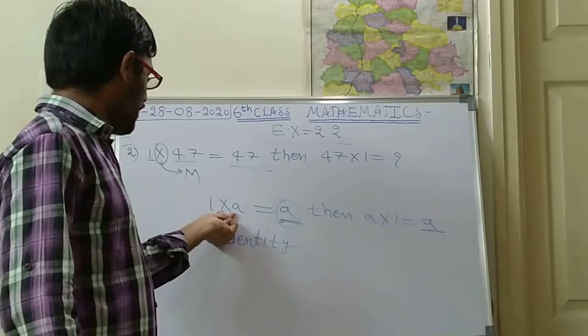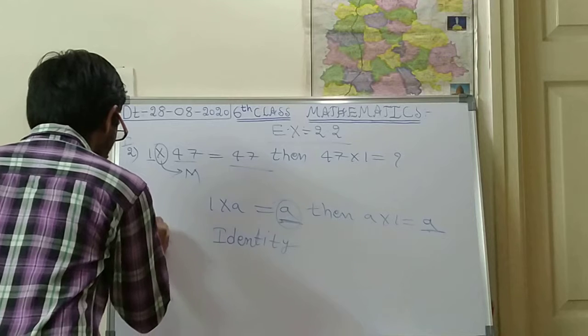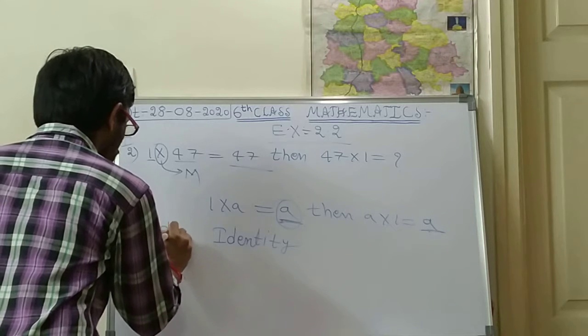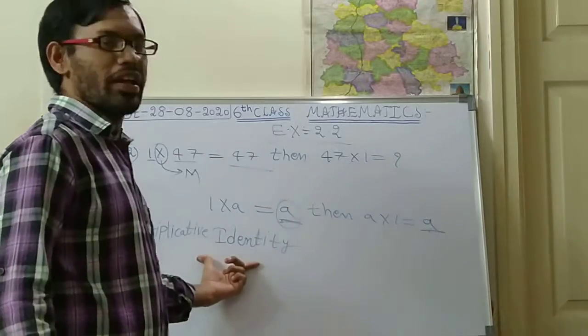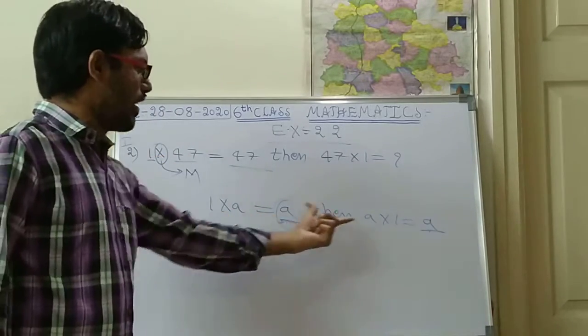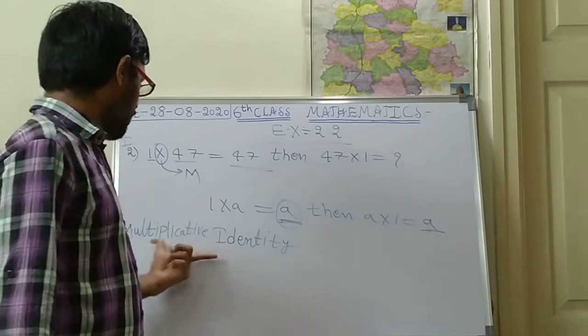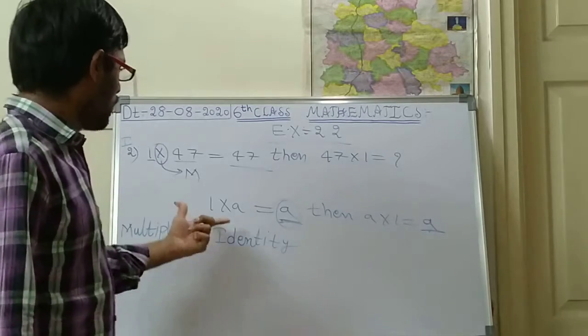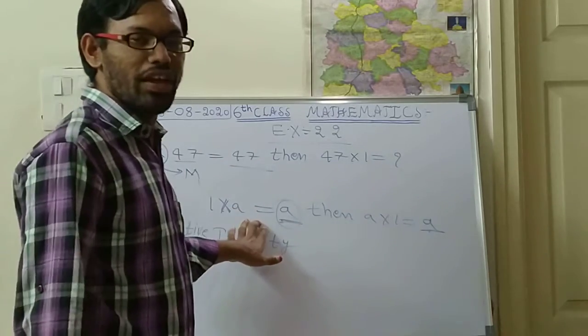Here it is the multiplication symbol, so this is the multiplicative identity. 1 into a equals a, then a into 1 is also a only. So multiplicative identity.